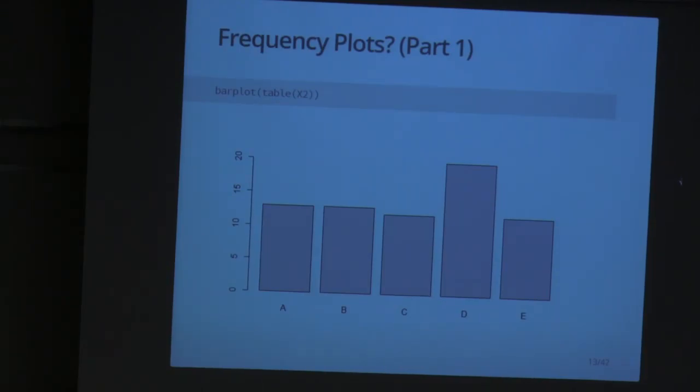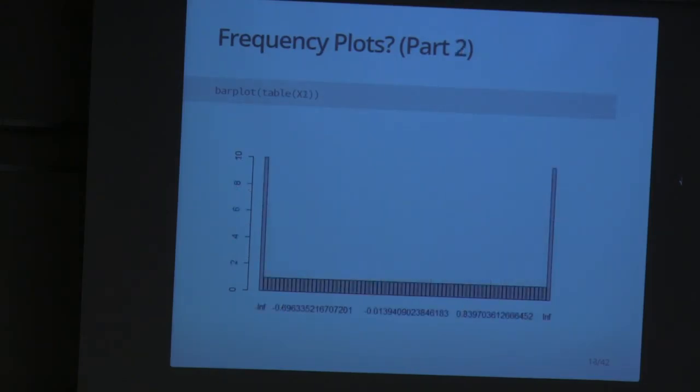So it doesn't show up in your table. And then if you try to do this with a numeric, you get this, which is correct, but not as informative as it might be, right?